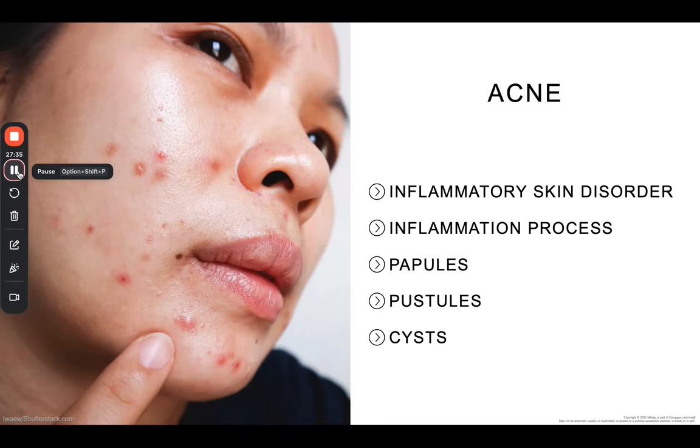And then cysts are nodules made up of deep pockets of infection. A lot of times you're going to find these underneath the surface of the skin. You may not be able to tell if there's a cyst just by looking at the skin, but once you start to observe the skin, touch the skin, do your skin analysis, you may feel cysts beneath the skin or in the deeper parts of the skin.